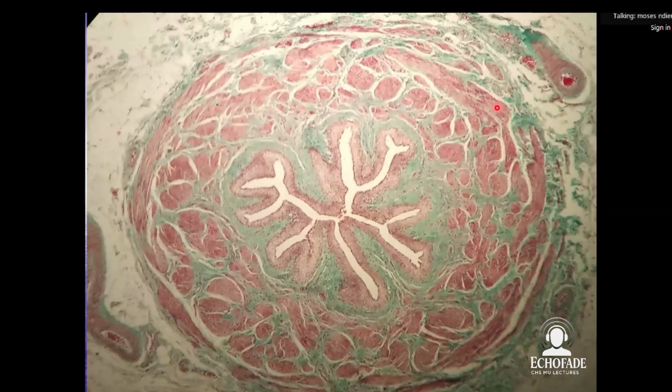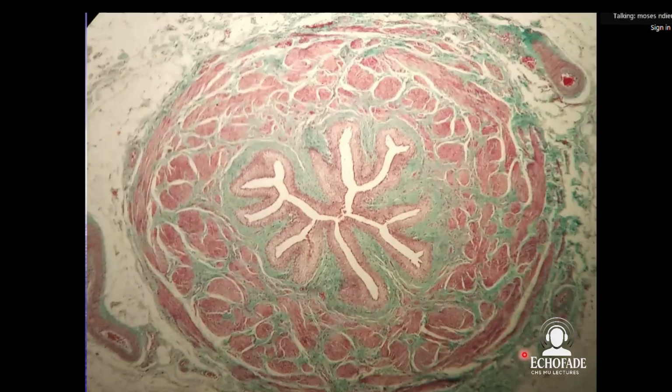It is this muscle that has peristaltic contractions transporting urine from the kidney, from the renal pelvis, up to the urinary bladder. And like I said, it enters the urinary bladder at an angle. After that, we have the outer part, which is the adventitia.